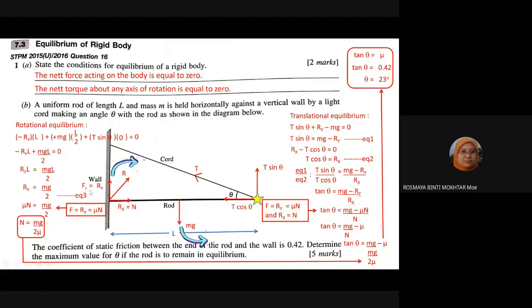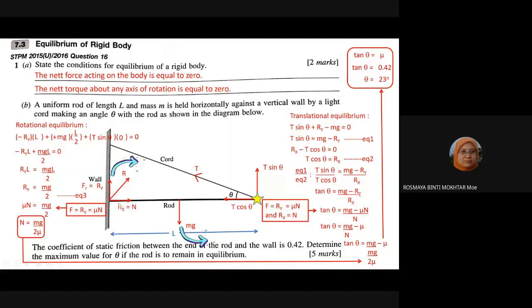Okay, normal and friction. If you refer to certain books, friction is given by mu N, not written as mu R, because our books use mu R. So that's why I keep using the equation mu R for friction. Actually, the actual equation for friction is mu N, where N must be perpendicular to the surface.